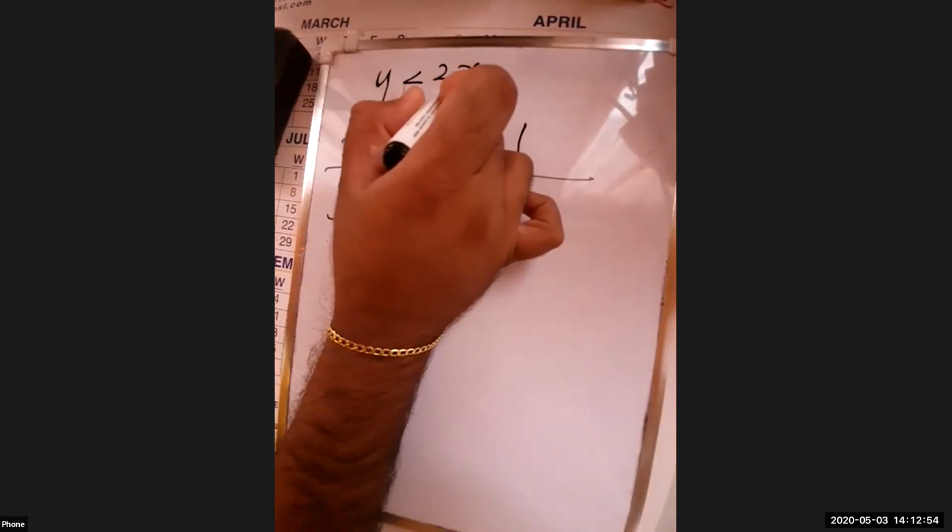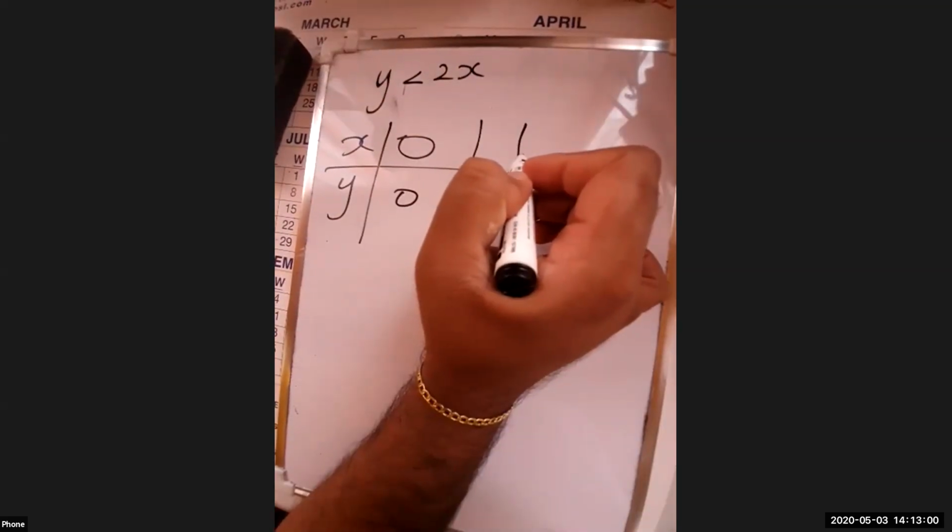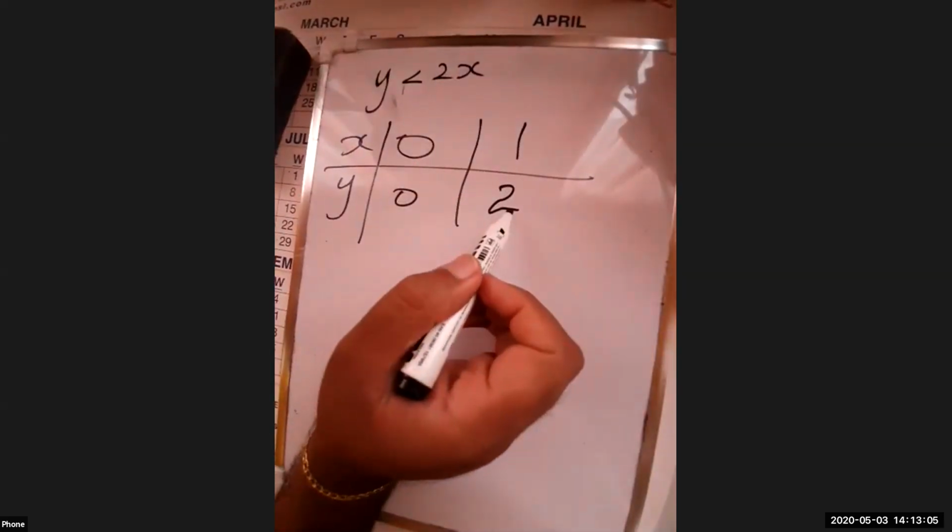So when x is 0, y will be 0 as well. And when x is 1, y would be 2, because 2 by 1 is obviously 2, right? So we will use the coordinates (0, 0) and (1, 2) to plot our graph. Let's go back to our graph now.